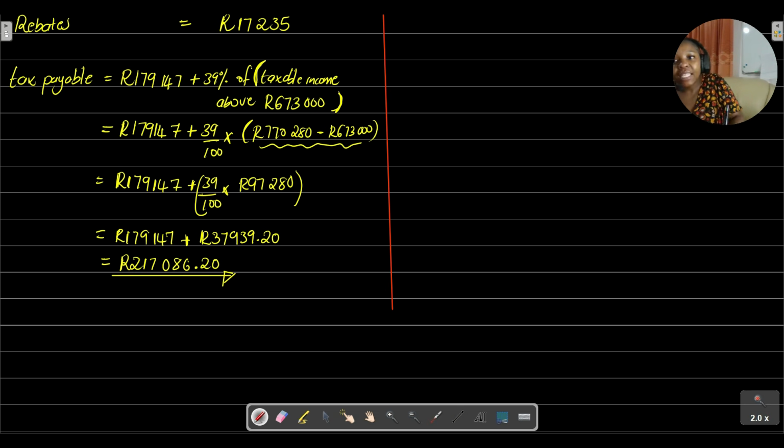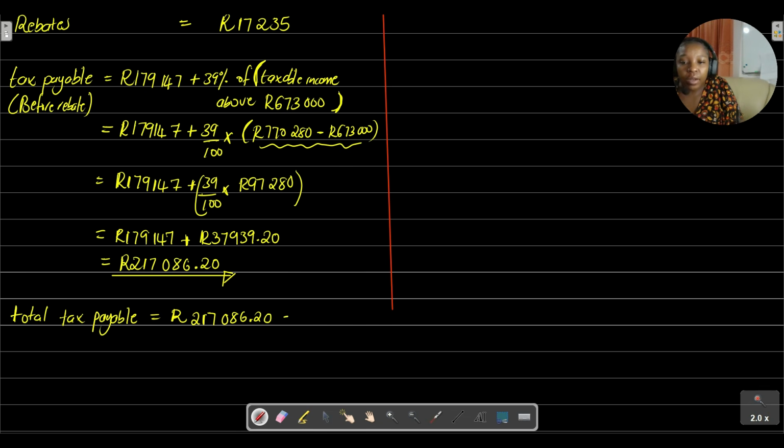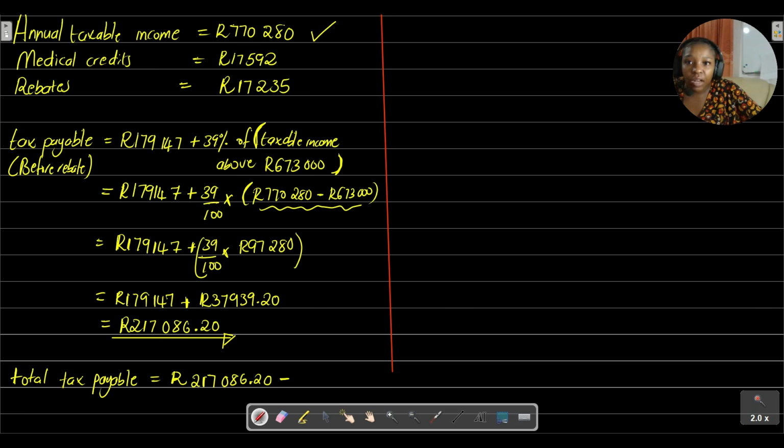So this is how much tax he has to pay before rebates. Okay, but now we know that. Then to get the total tax payable, what do we need to do? We are going to take this tax payable amount of 217,086.20. We're going to minus the rebates that he qualifies for.